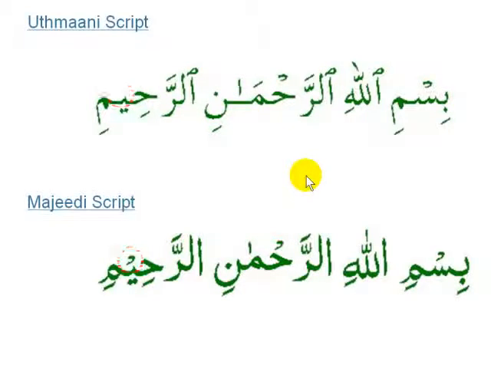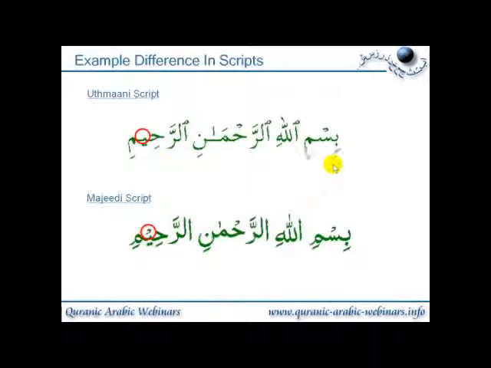And then the last one is here at the end. You'll see there's no marking above this letter, and here in the Majidi script there is this small marking known as sukun. So just in that one little line that we say most of the time before we eat or drink, Bismillah ar-Rahman ar-Rahim, you can see there are already 3 differences.